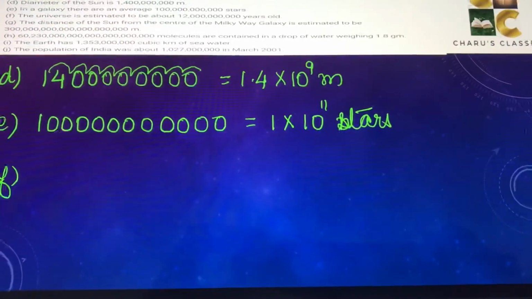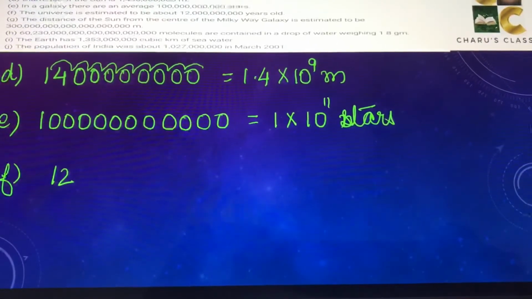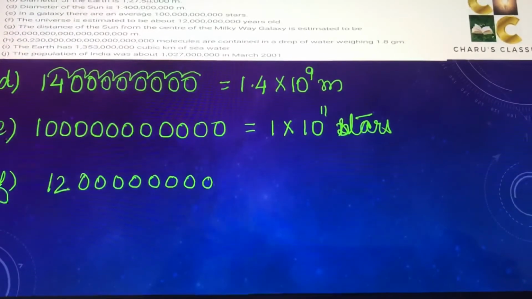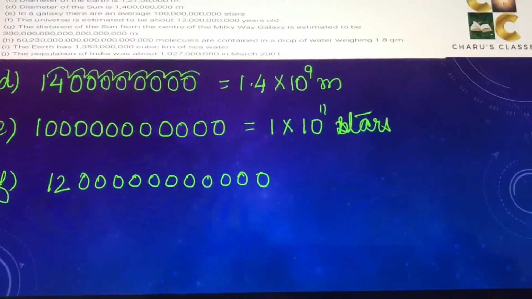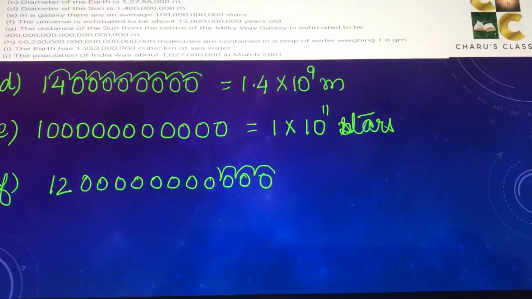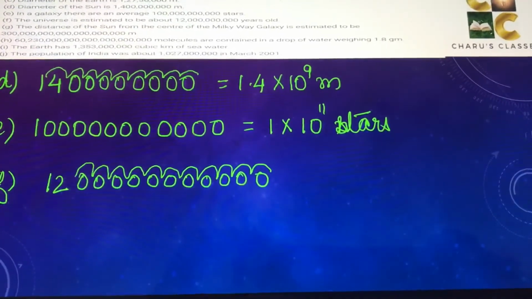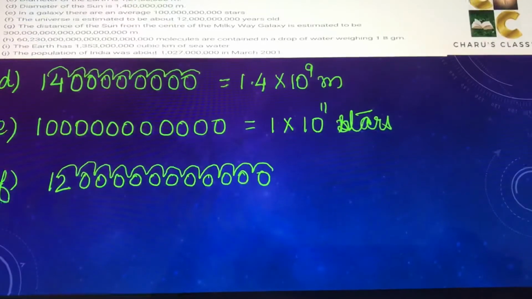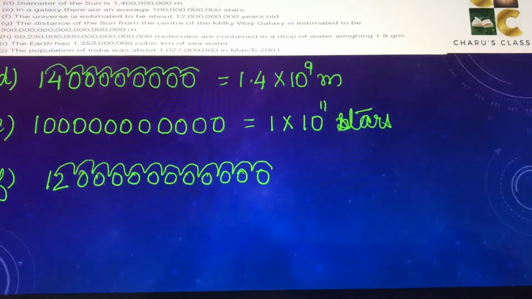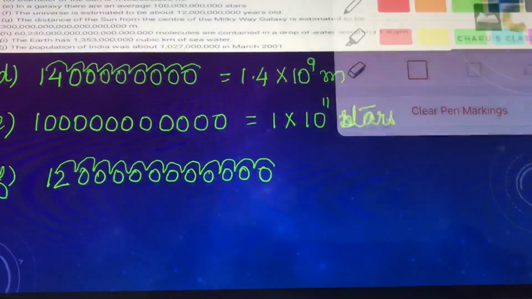F part. The universe is estimated to be about 12 followed by 11 zeros. So we have to bring the decimal after 1. Okay, I'm sorry, I think the number of zeros were less in the question.